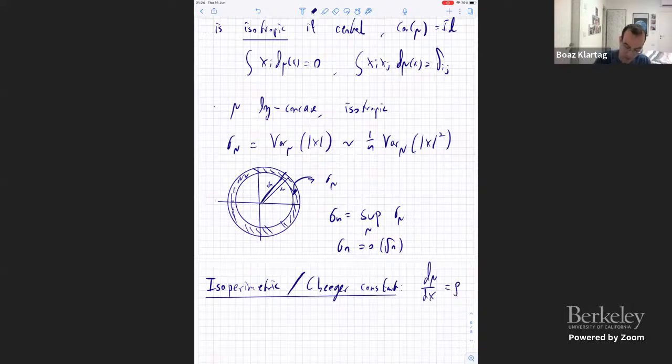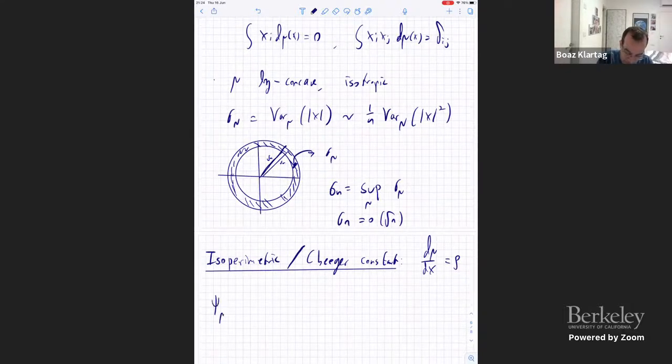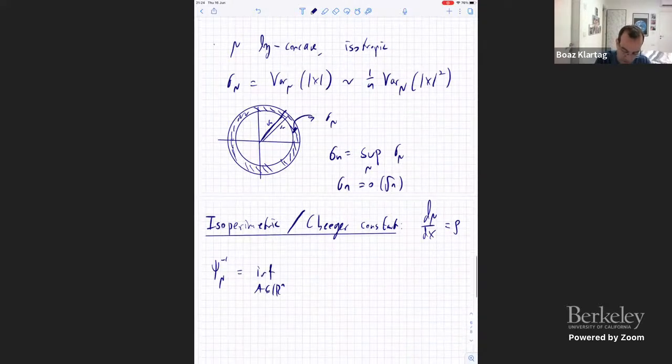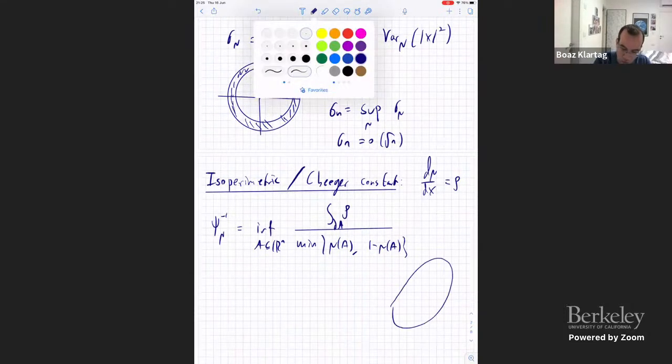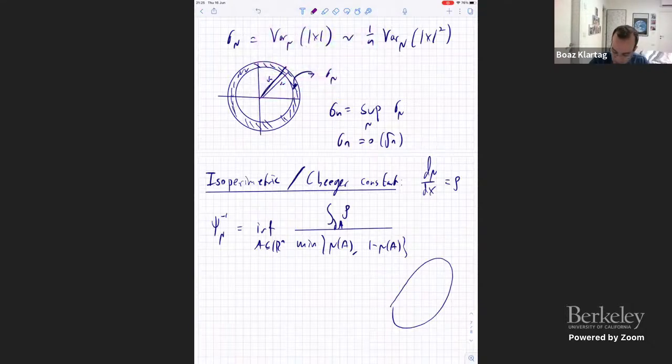We define the isoperimetric coefficient by taking all subsets A of R^n with smooth boundary and looking at the following ratio: the boundary measure, the integral over the boundary of rho, divided by the minimum of mu(A) and 1 minus mu(A). If I draw a picture, I have my convex set, and I look at all possible ways to partition it in two parts so that the interface is minimized.